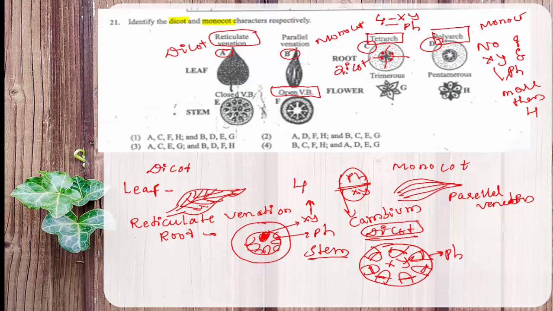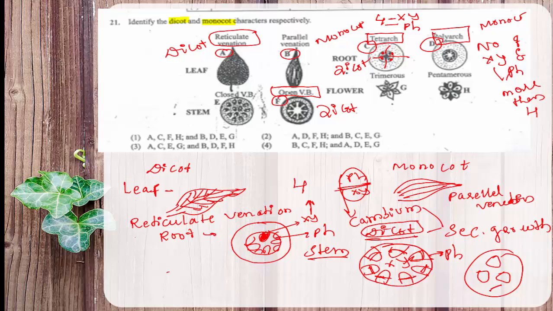Open type means it is separated by cambium, and due to the presence of cambium, the dicot stem shows secondary growth. Wood formation occurs in the dicot because of the presence of cambium. So therefore here F becomes the character of dicot, and in the monocot you can see here in case of monocot, vascular bundles have random distribution.